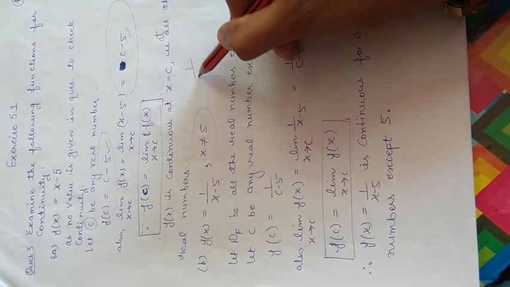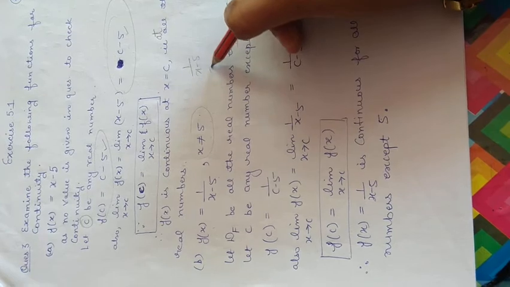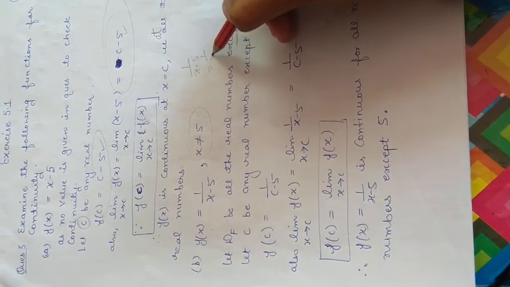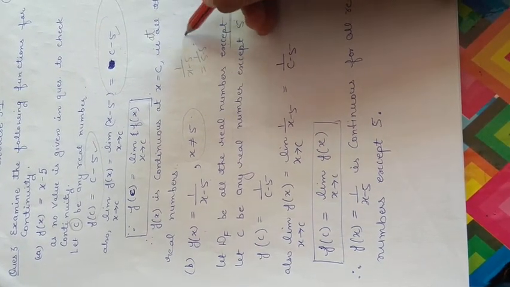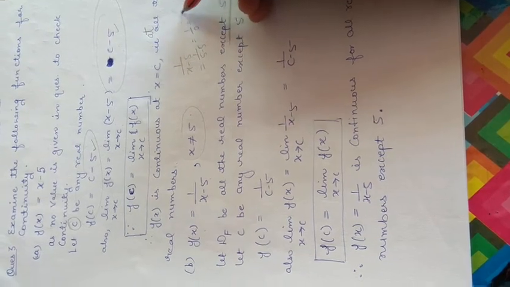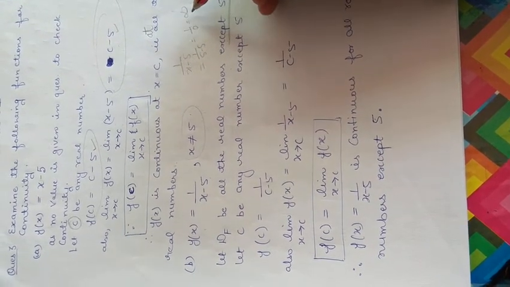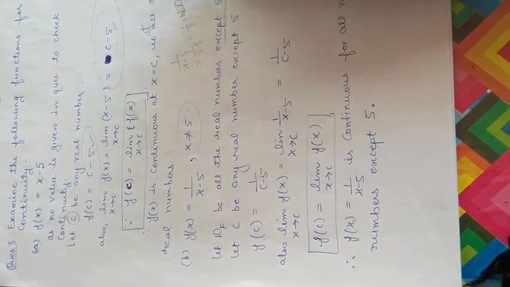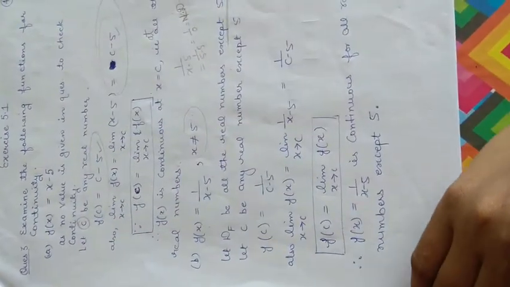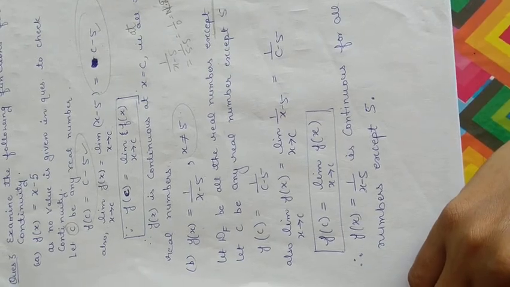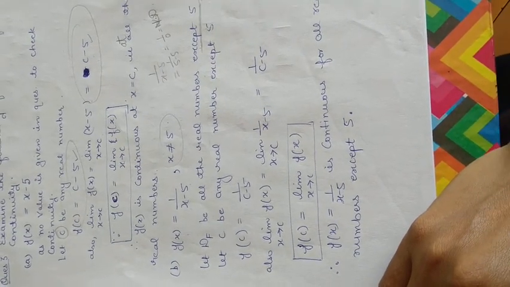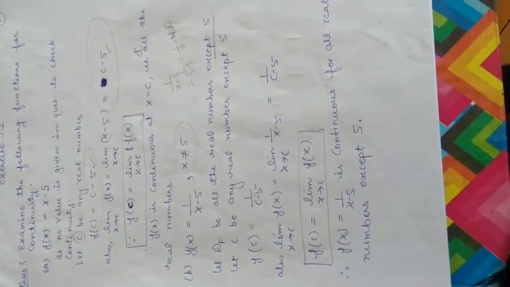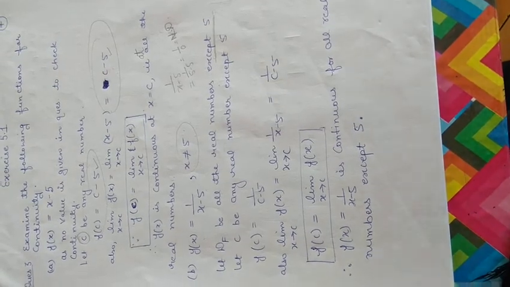If I put 5 in this part, what will I get? 5 minus 5, and then I will get 1 upon 0, which will be not defined. So I will not use the value x is equal to 5; except x is equal to 5, all the values we can use.